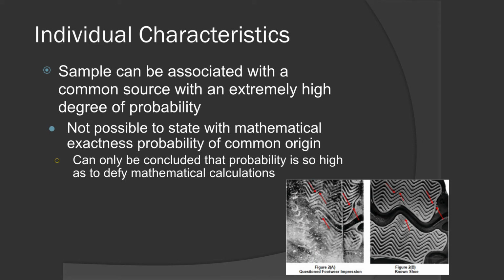So the matching of the characteristics of two fingerprints, the comparison of random striation markings on a bullet or tool, the comparison of irregular and random wear patterns on tires or even footwear, the comparison of handwriting, fitting together of irregular ridges of broken objects, like a jigsaw puzzle.